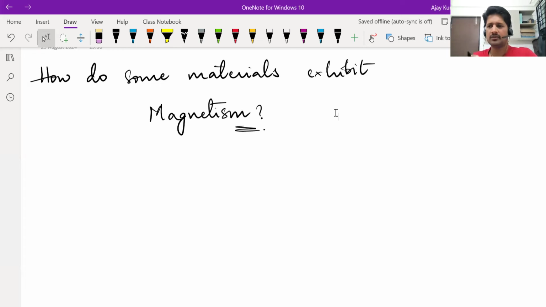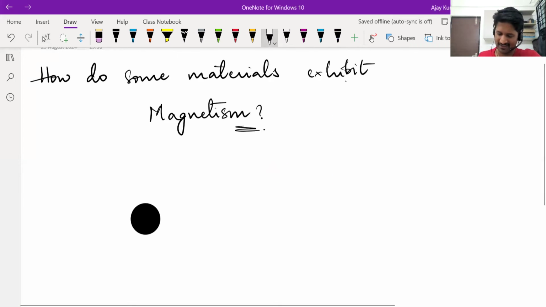What is the smallest unit of matter? Atom. What does an atom consist of? Protons, neutrons, electrons. How are they arranged? There are protons and neutrons in the core of the atom, and electrons orbiting them.